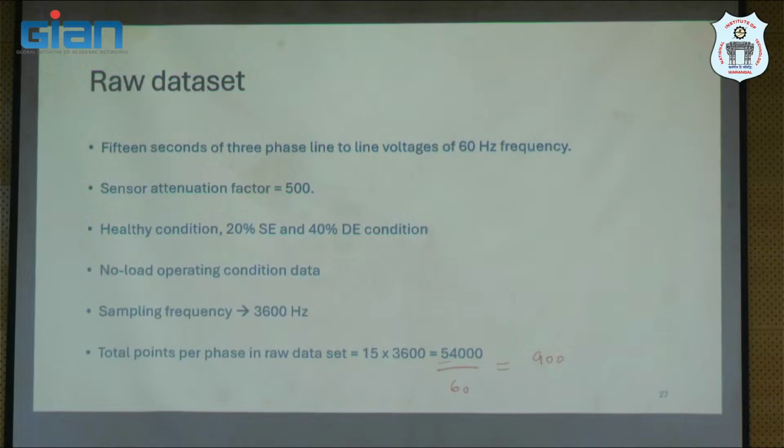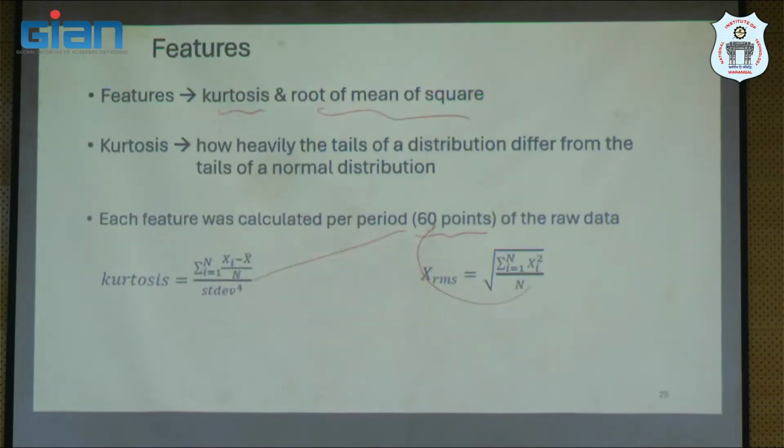For that one cycle, I will calculate RMS. For the same cycle, I will also calculate kurtosis using the two equations. So every 60 points will give me one feature vector of kurtosis and RMS. Okay, so like that there will be 900 feature vectors, right?